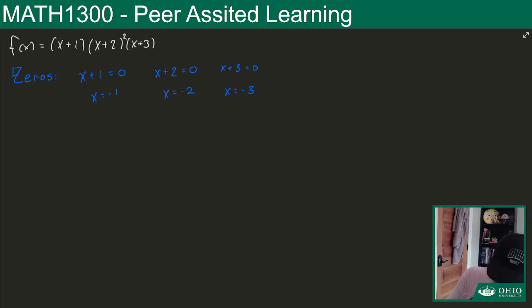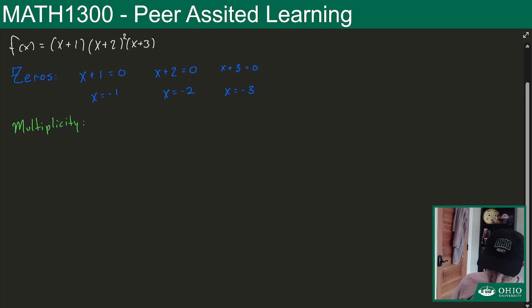But we also want to write down the multiplicity. The multiplicity of each zero is going to be equal to the power at which the term was raised. So this x equals -1 term originated from this bracket right here, and it's raised to sort of an invisible power of 1.